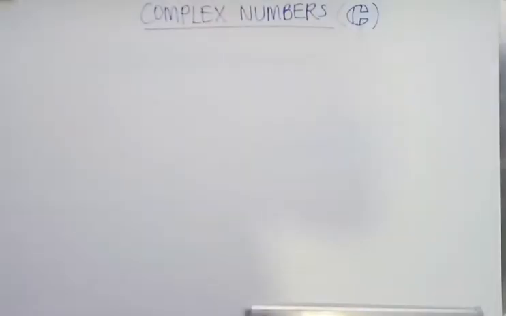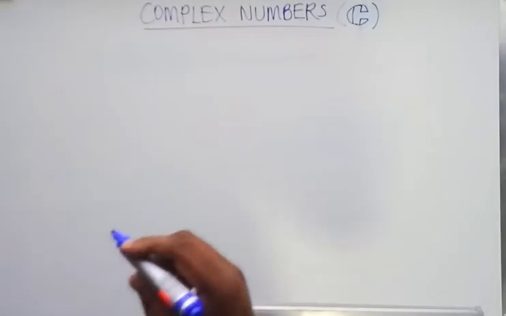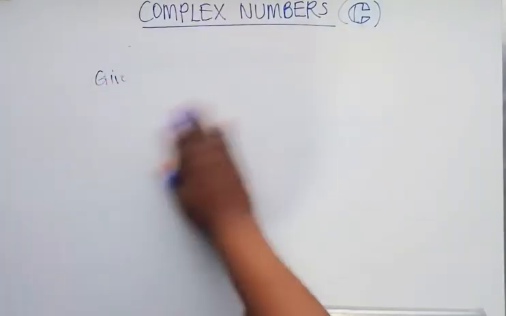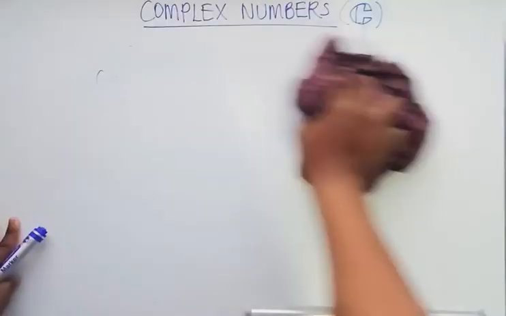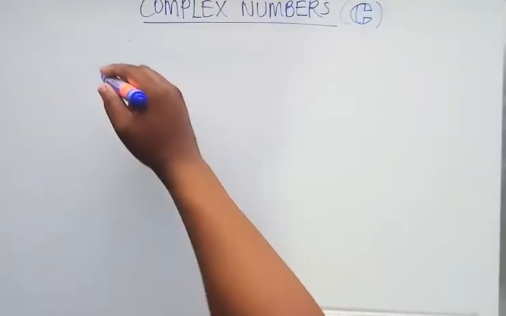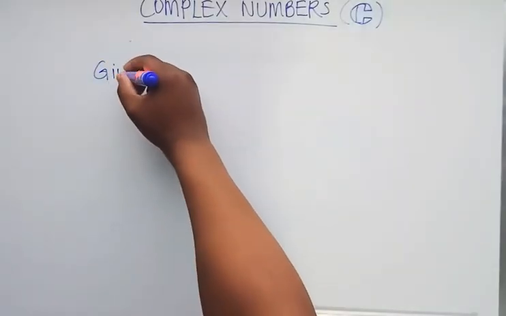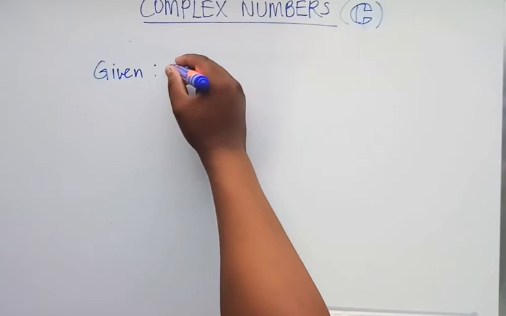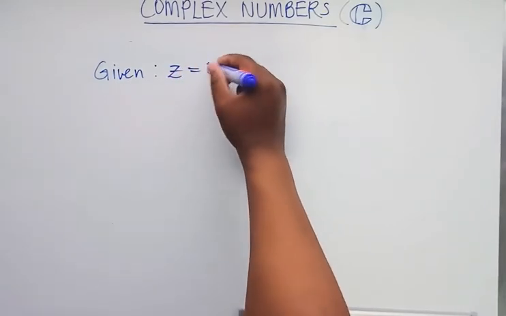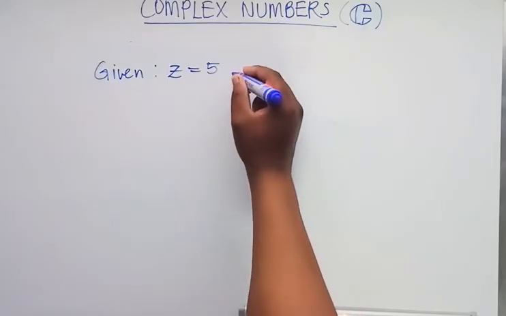So the first question here, it says you are given a complex number. It's given as z equals 5 minus 5i.